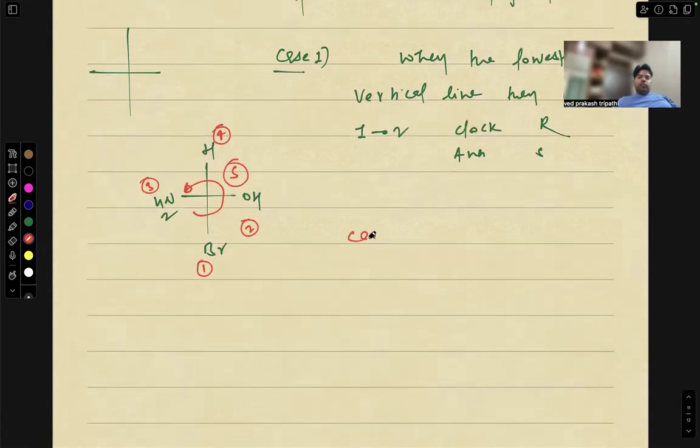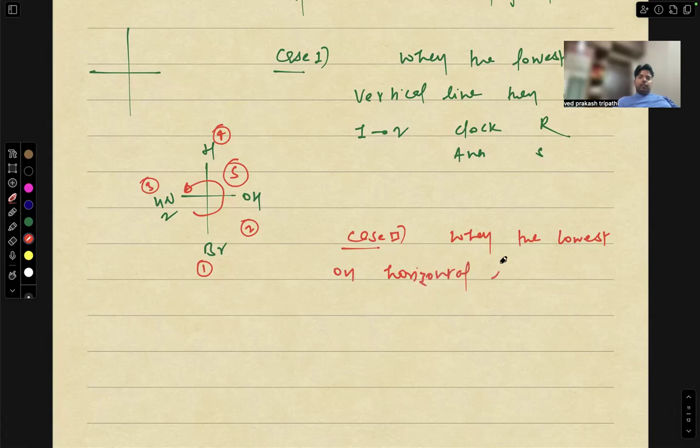Now case 2, when the lowest is on the horizontal axis, horizontal line, then flip your answer.